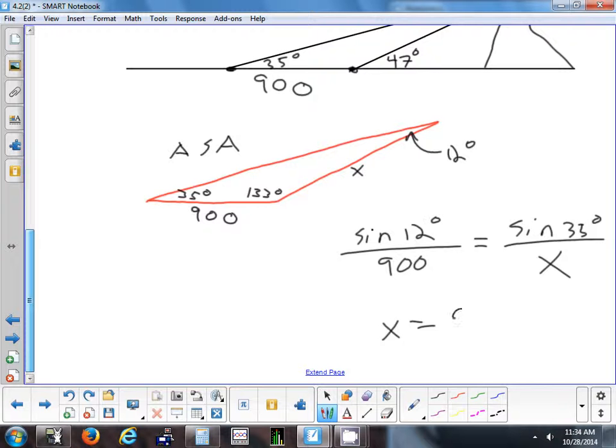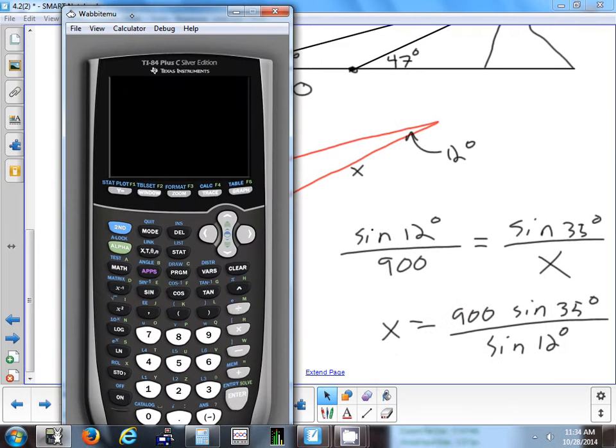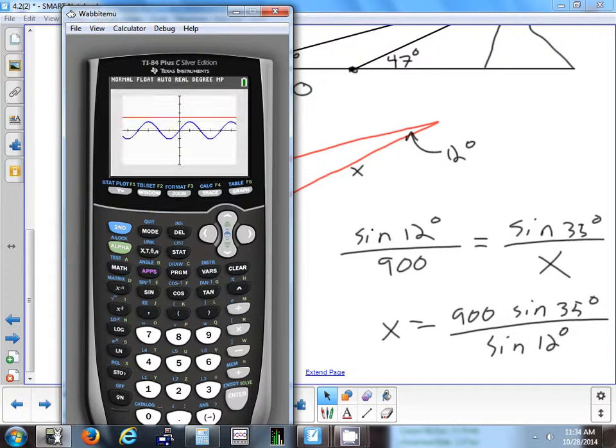So it's 900 sine 35 divided by sine 12. Let's see what we got. Okay, so we got 900, sine 35 divided by sine 12.